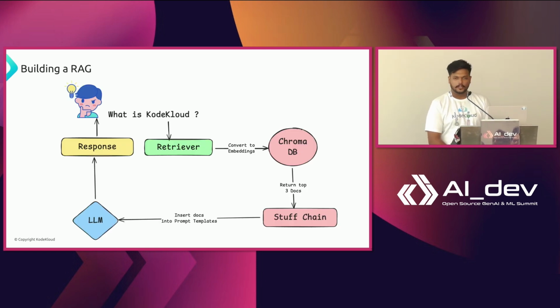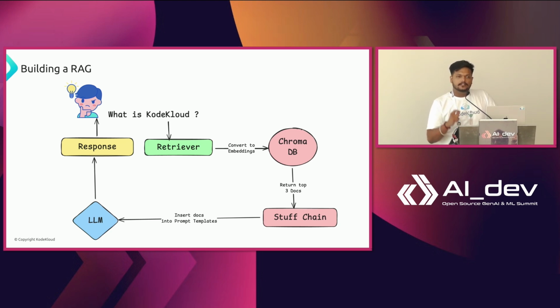Before going into the demo, it's important to understand what we are building today. It's a case study kind of thing, so that it would be better for me to resonate over this demo. Let's say a user comes and asks about my company, let's say, what is KodeKloud? It goes to the retriever, which converts that into embeddings. Those embeddings are saved in Chroma DB, a vector store DB, which I'm going to use within this demo.